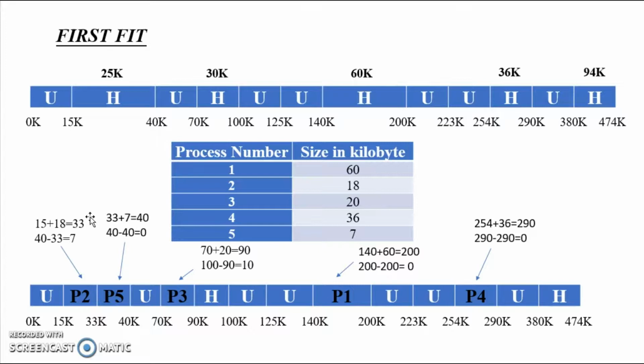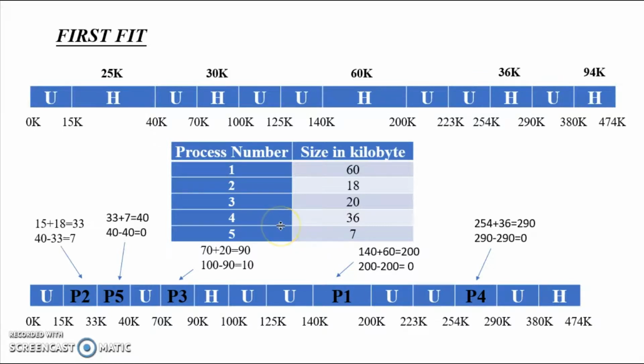So we go into the third hole, which is 60 kilobyte of space, and this time it can fit the process number 1. So we put our process number 1 inside the third hole, and this process is full for the third hole.